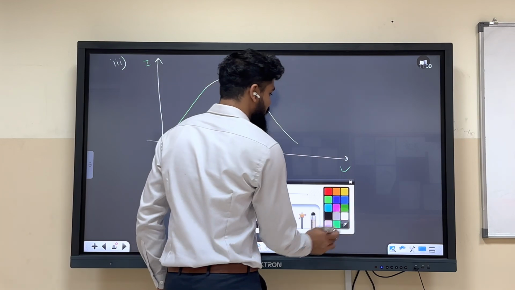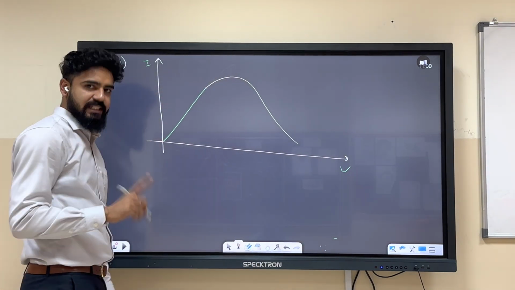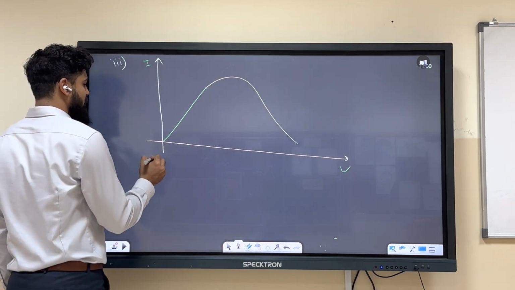So basically, you can say in the I versus V graph, at two different voltages you have the same current.